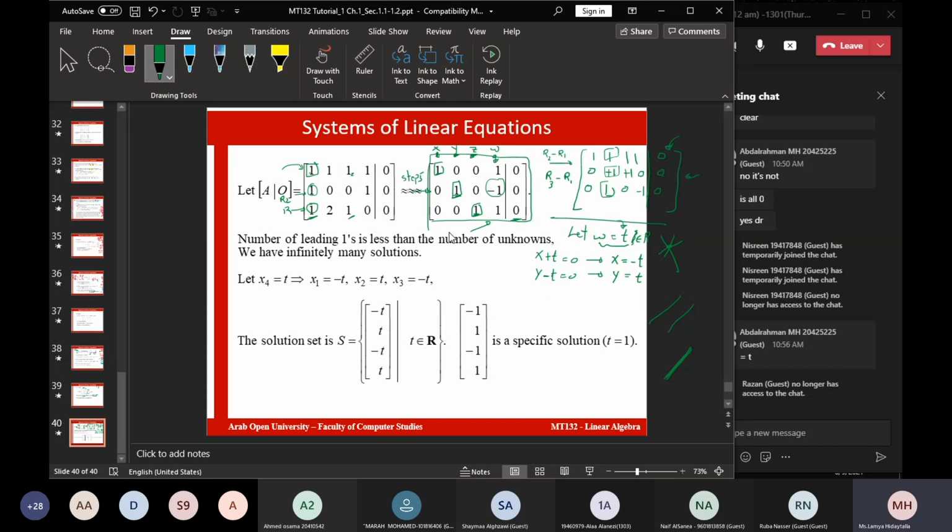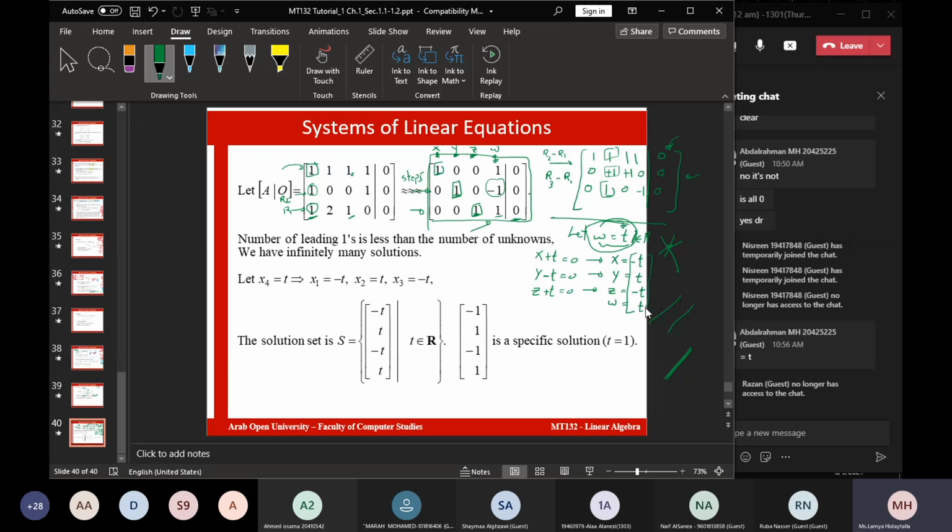So from the third, I have z plus 1 times w, but the w is t, so z plus t equals 0. This implies z is equal to minus t, but there are 4 variables, so don't forget this one. We write it here at the end. W equals t. So what is the solution?